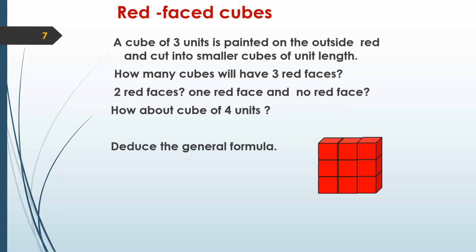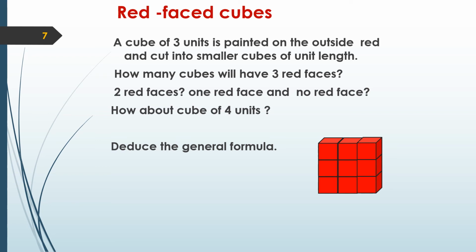Each face will have only the center one with 1 red face. That means there will be 6 such cubes. And if you imagine the whole 3 by 3 cube, only the center cube will have no red face.